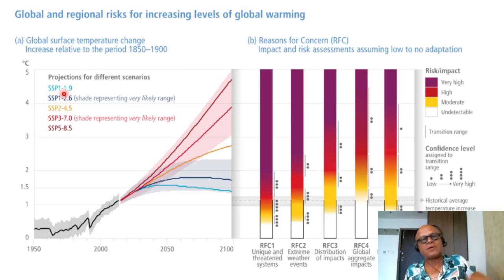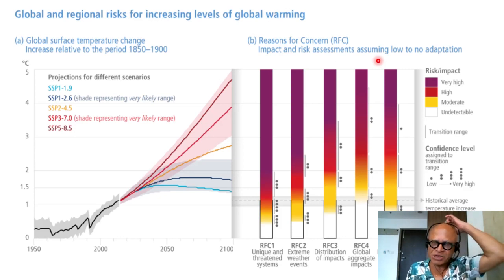We looked at increasing difficulties with mitigation, adaptation, regional rivalries, sustainability, and so on. So this divides it into different categories of reasons for concern, RFCs, and thinks of impacts and risk assessments assuming low to no adaptation. Adaptation, as we said, is changing our behavior.